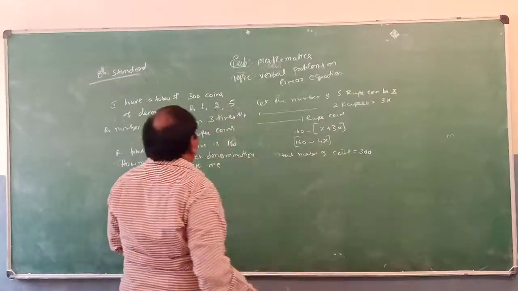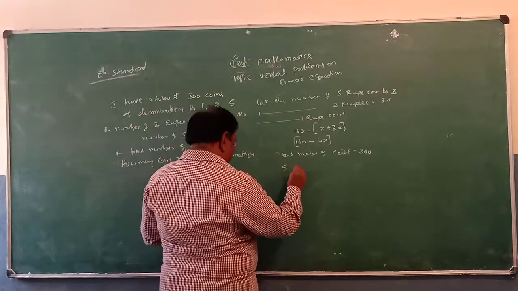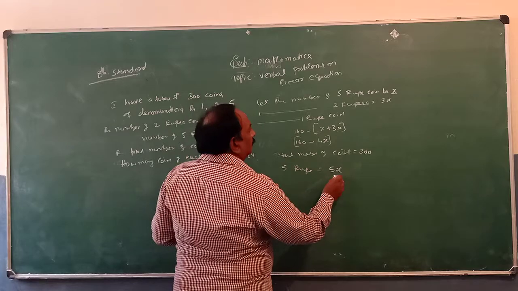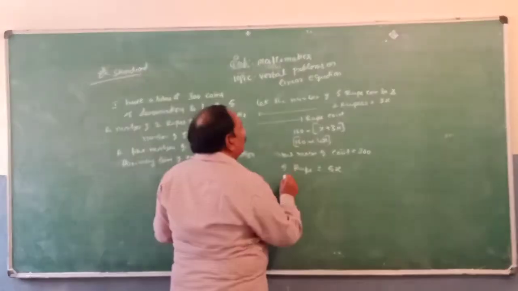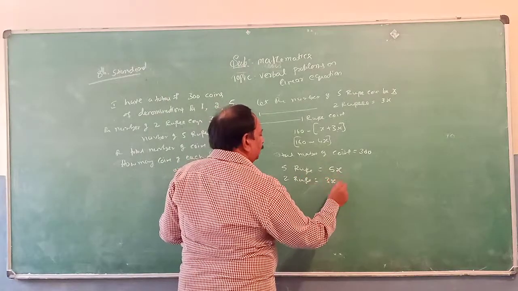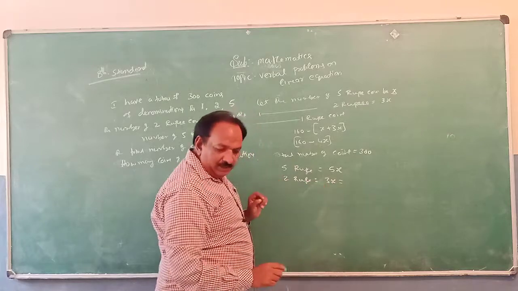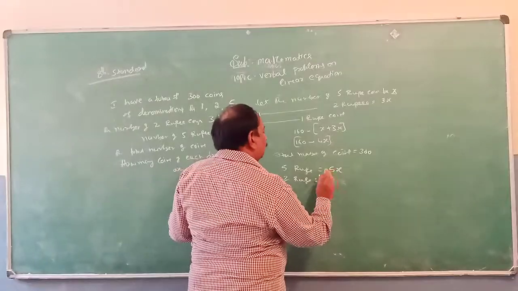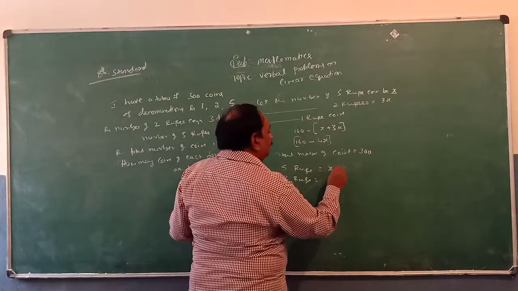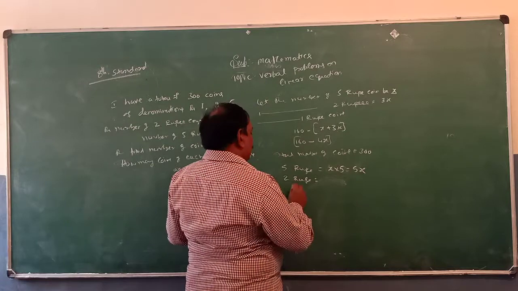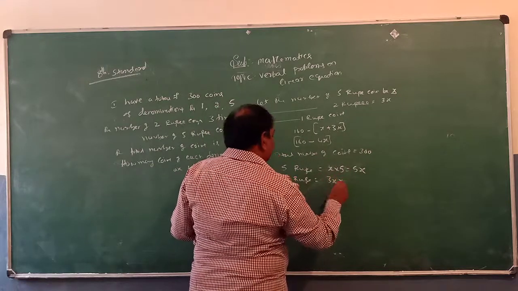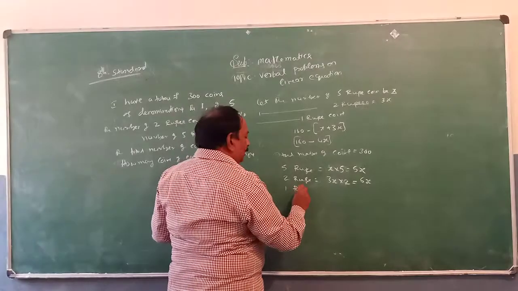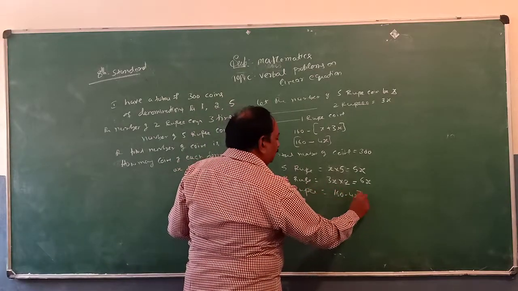5 rupee coin is x into 5, that is 5x. 2 rupee coin is 3x into 2 rupees, that is 6x. 1 rupee coin is 160 minus 4x into 1.